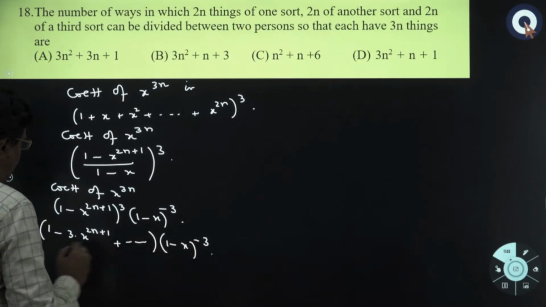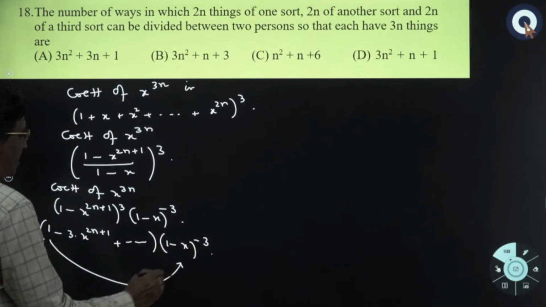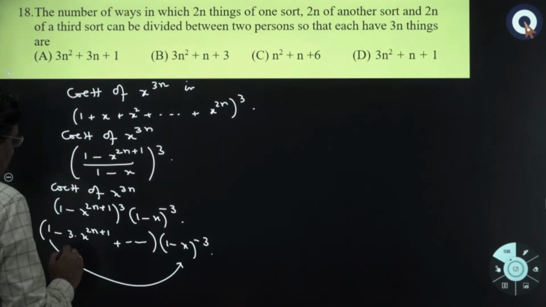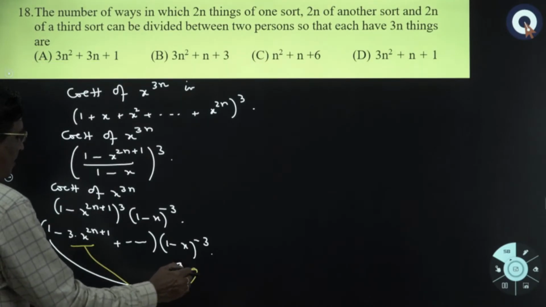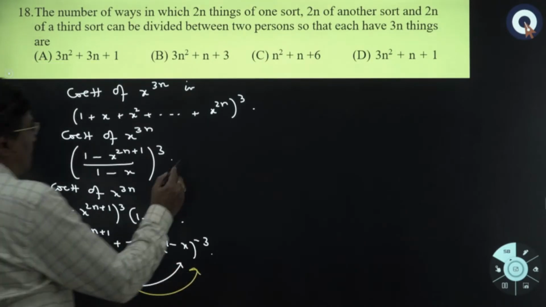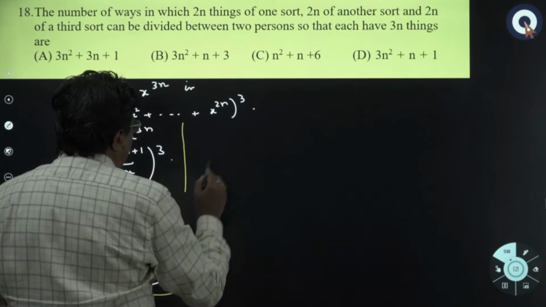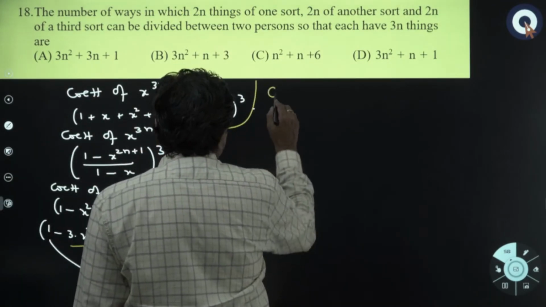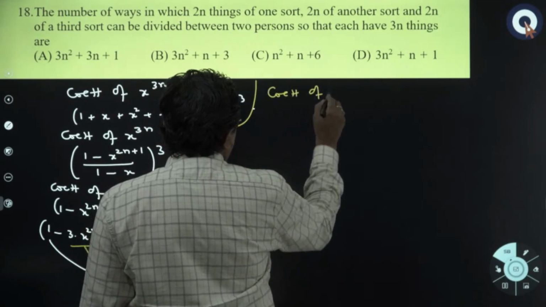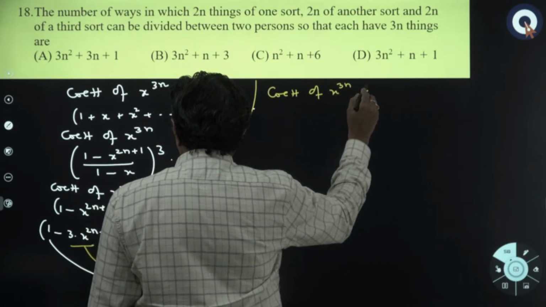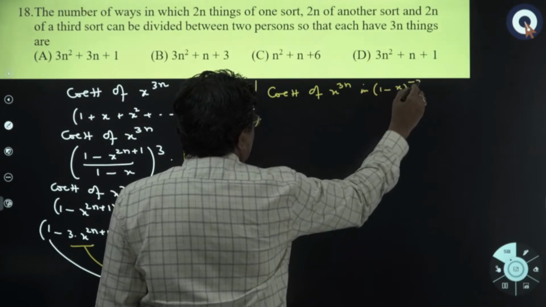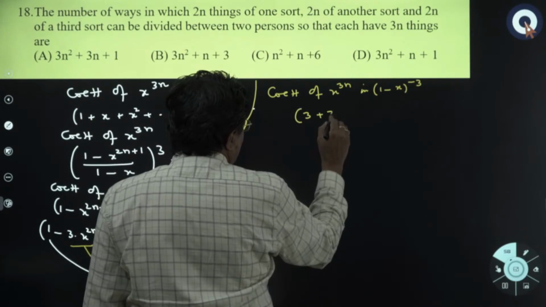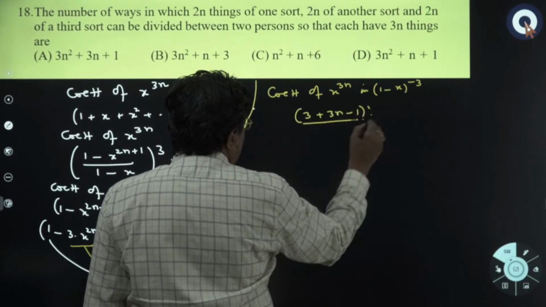So when 1 is multiplied with the term containing x to the power of 3n, you get x to the power of 3n, and similarly when x to the power of 2n plus 1 is multiplied with the term containing x to the power of n minus 1, we get x to the power of 3n. So we need to find two coefficients. The coefficient of x to the power of 3n in (1 minus x) whole power minus 3 is (n plus r minus 1) factorial by r factorial into (n minus 1) factorial.